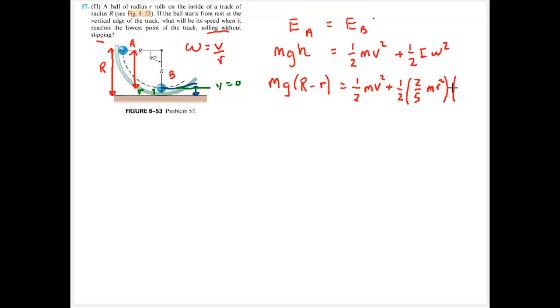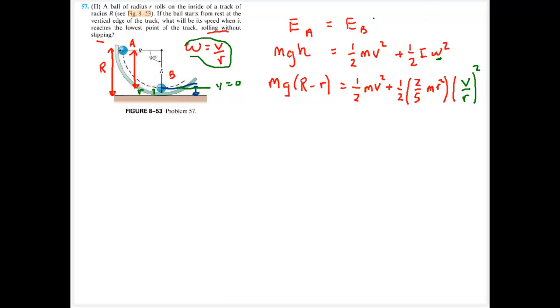Then I'm going to take my expression for angular velocity and put that in all in one big step. So here I'm going to have velocity divided by radius, and the whole quantity squared.